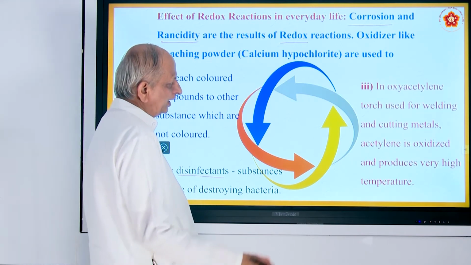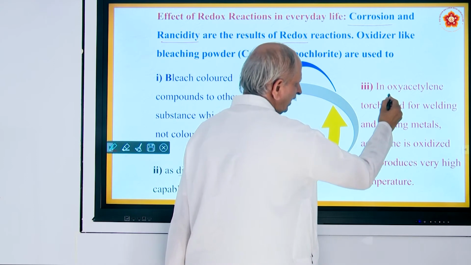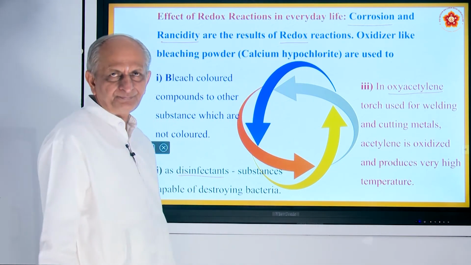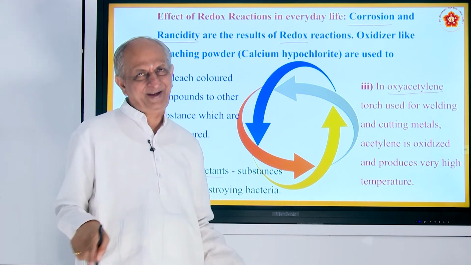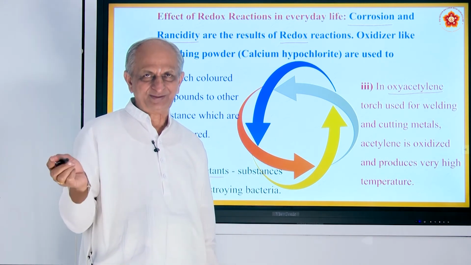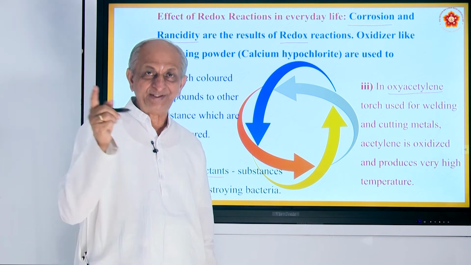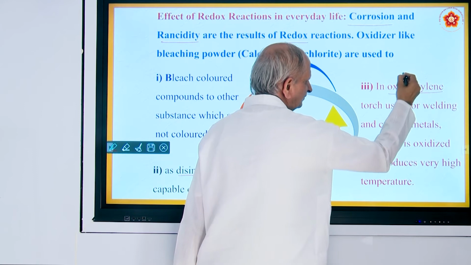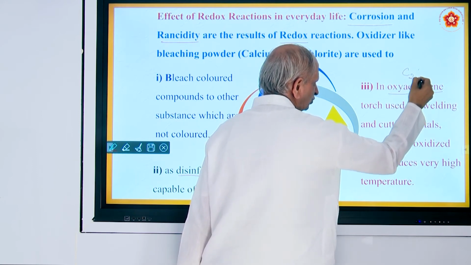And also you might have heard of welding shops. You might have seen a welding shop where the gates and all are made. There will be two cylinders, one of oxygen, another of acetylene, and together they are called oxyacetylene. Acetylene formula is C2H2.